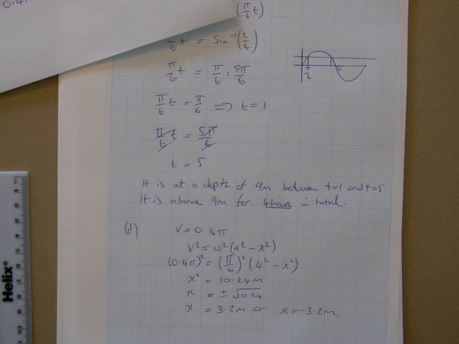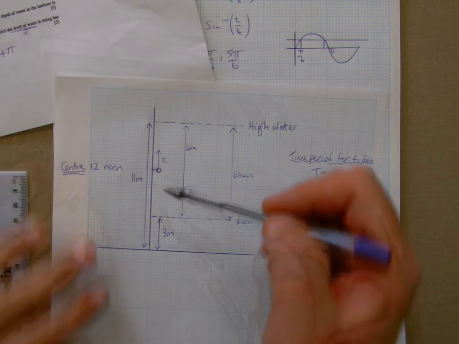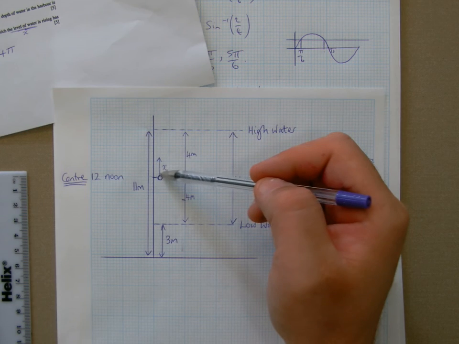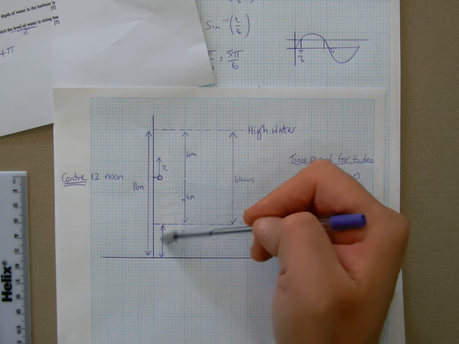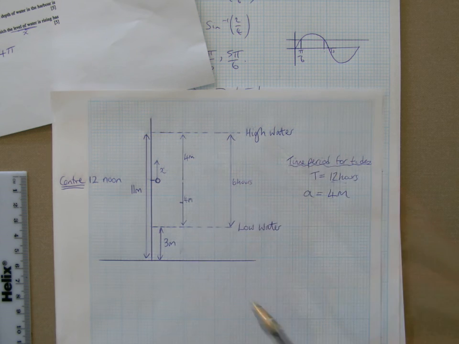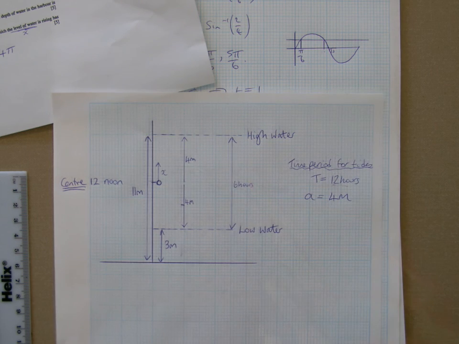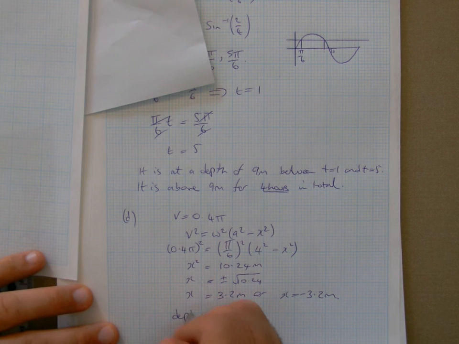So again it goes back to our sketch to see what the depth is going to be. If x is positive 3.2, we need to add it on to the water depth, which is already 7 metres. So 7 metres add 3.2 will be 10.2. The depth will be 10.2 metres.